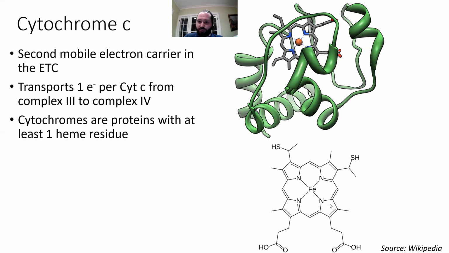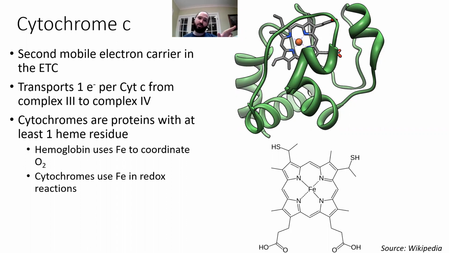So this is the heme center of cytochrome C. Whereas hemoglobin uses its heme and its iron to simply coordinate oxygen at the lungs and bring it over to the tissues that are exercising or active and using aerobic respiration, utilizing O2 and producing CO2, hemoglobin's job is to just coordinate oxygen with the iron heme and then lose it later. Cytochromes use iron in redox reactions. As we saw, cytochrome C gets oxidized and reduced, so that's the iron's job there.